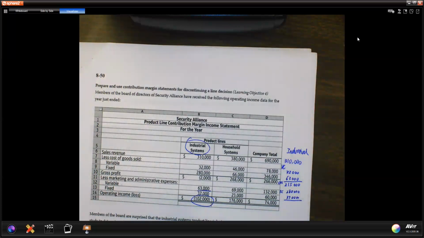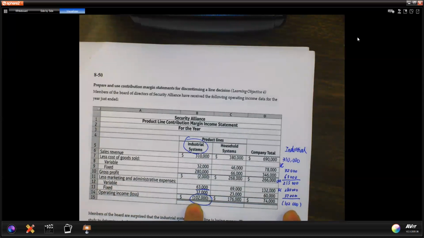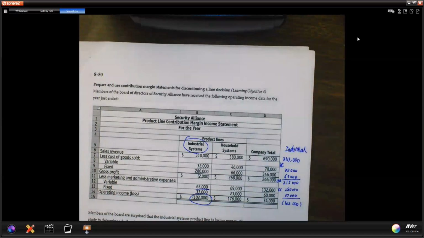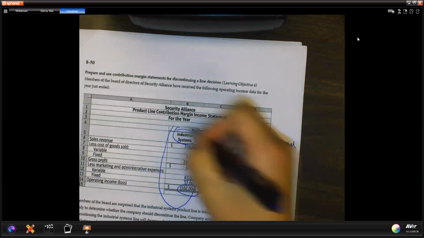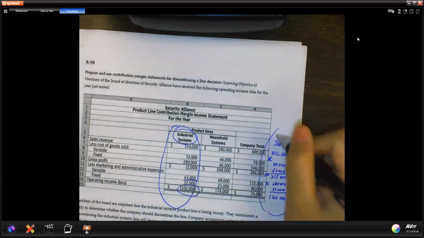Minus 280 minus 37, yes, it gives me negative 102,000, right? So the final number is the same, but we need to look at this variable cost income statement. Your first step is to transfer from your absorption income statement to the variable cost format.